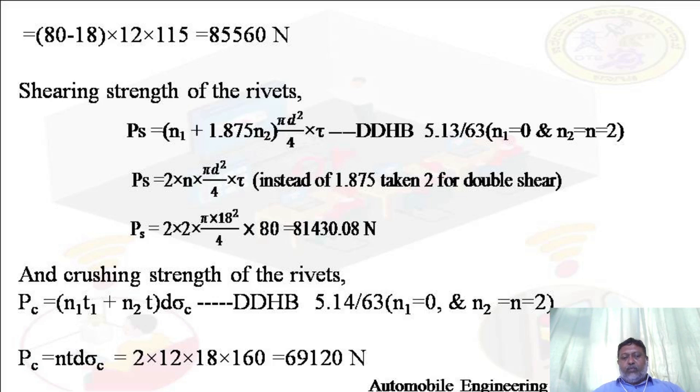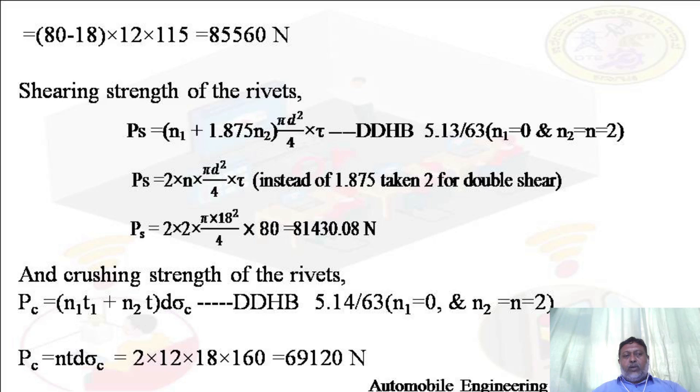Then we go for finding the shear strength, that is given by PS is equal to (2n plus 1.875) into pi d square by 4 into tau, and it is there in our data handbook 5.13. That will be converted into 2n pi d square by 4 into tau, because 1.875 is recommended for the boilers.